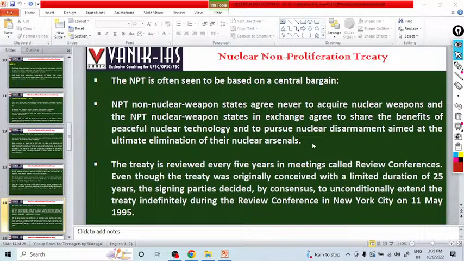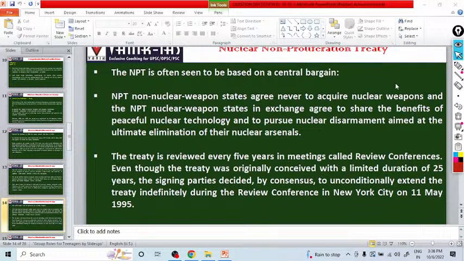The conference agreed to extend the treaty for an indefinite period because its worth was realized by the countries at large. Fine. And the 5th review conference was held in New York in the 25th year of the treaty coming into force. Fine.